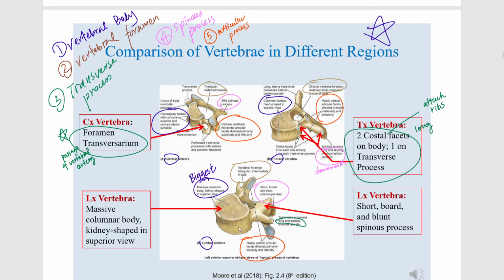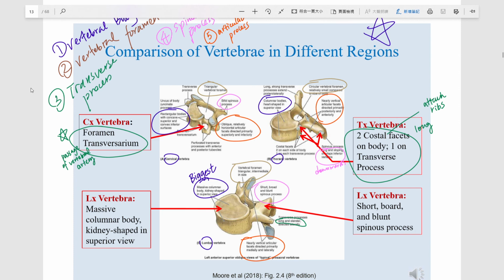So the above is the comparison of the different structures of vertebrae in the three different regions, namely cervical, thoracic, and lumbar. I hope you enjoy it and understand all the differences between the structures, including the vertebral body, vertebral foramen, transverse process, spinous process, and also the articular process.